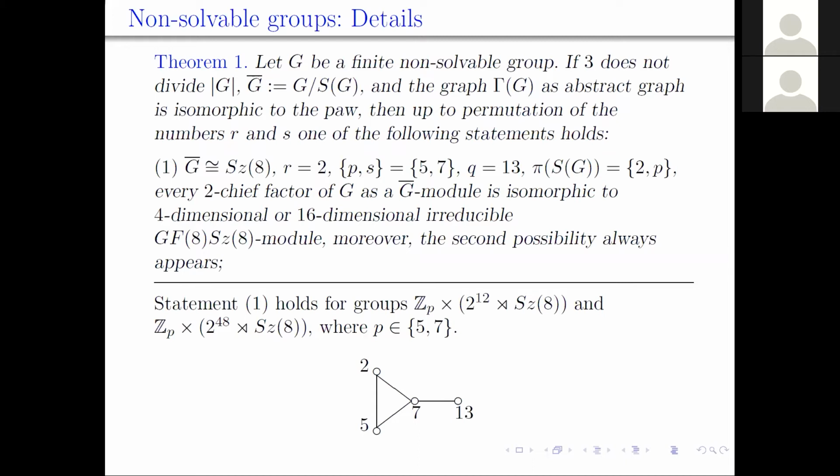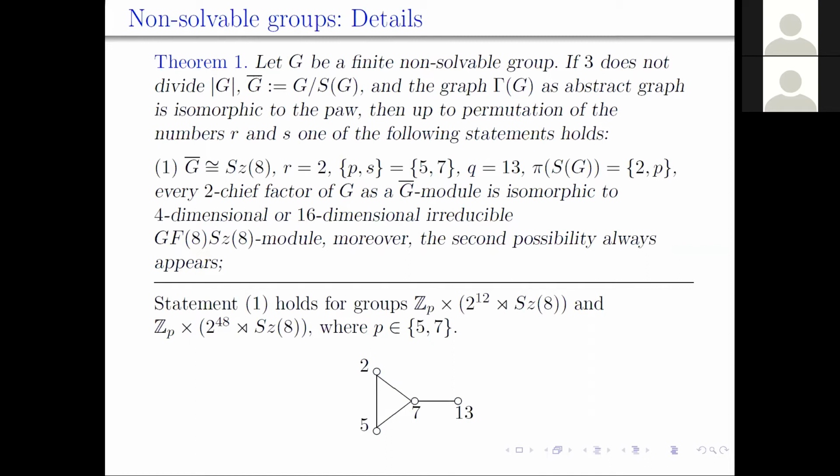The first possibility is G dash is Suzuki 8, R equals P, and S equals the pair 5 and 7, Q equals P, S of G is the pair 2 and P, and every 2-chief factor of G as a G dash module is isomorphic to the 4-dimensional or 16-dimensional irreducible Suzuki 8 module.